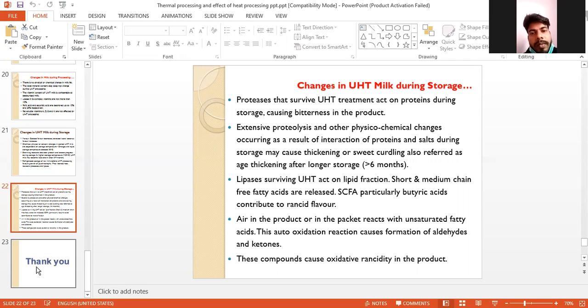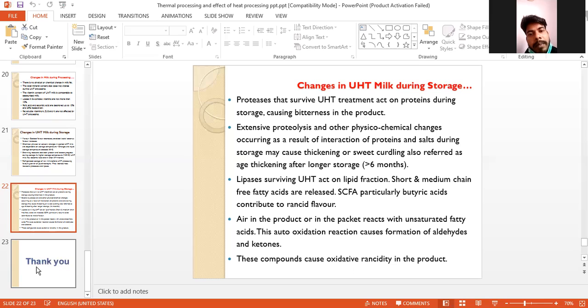Sweet curdling takes place not due to natural acid development, but due to protease enzymes, rennin-like enzymes released by bacteria, particularly Bacillus cereus and Bacillus subtilis. That creates the sweet curdling defect, which is seen as thickening in the UHT milk, particularly observed when the milk is stored up to 6 months at higher temperature.